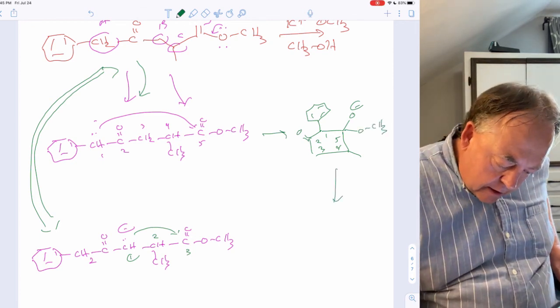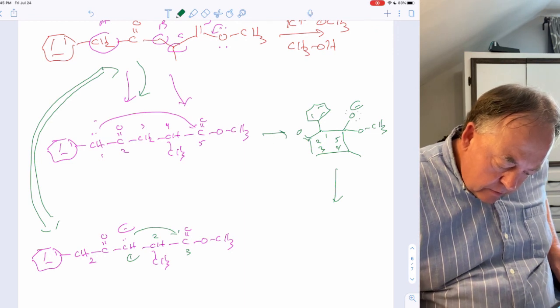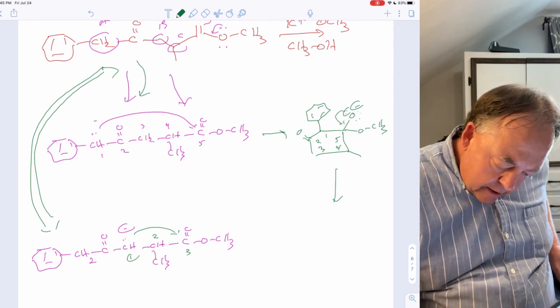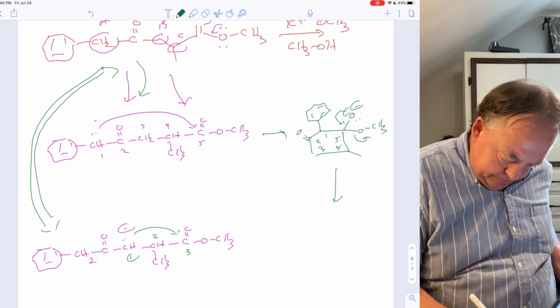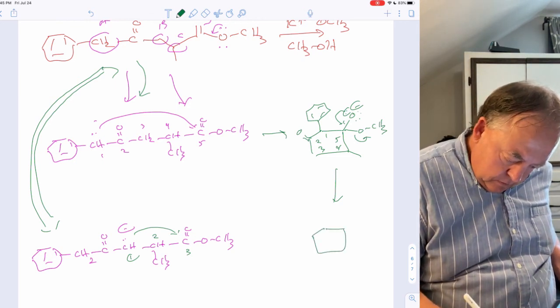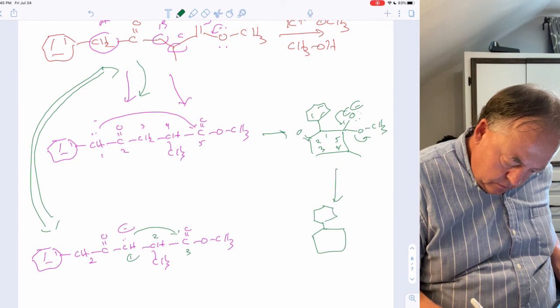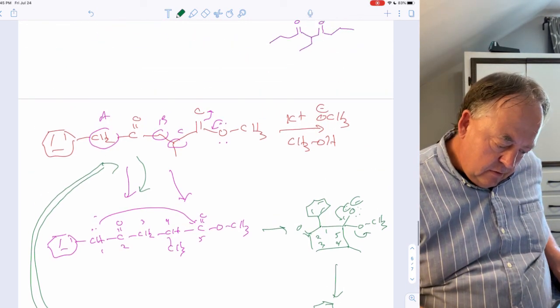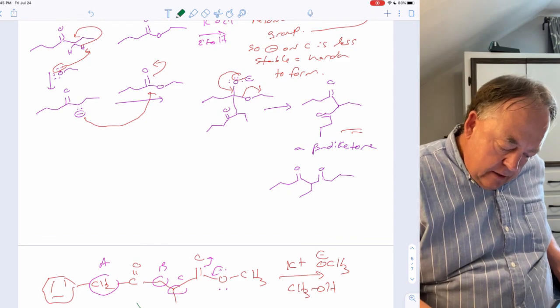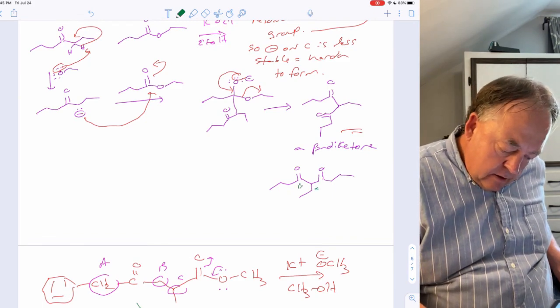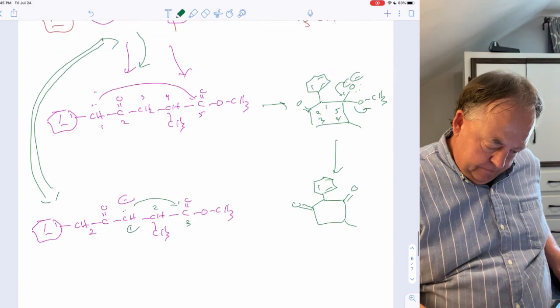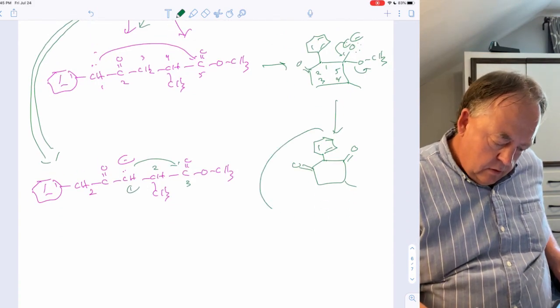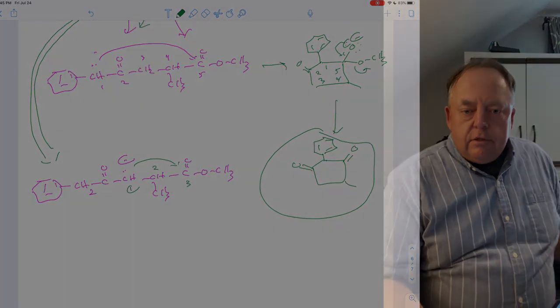And then you would remake, right, the C double bond O, and you kick off the OCH3. And that would be your product. So that would be a beta diketone, right, just like this is an alpha beta diketone. Okay, we'll stop there.